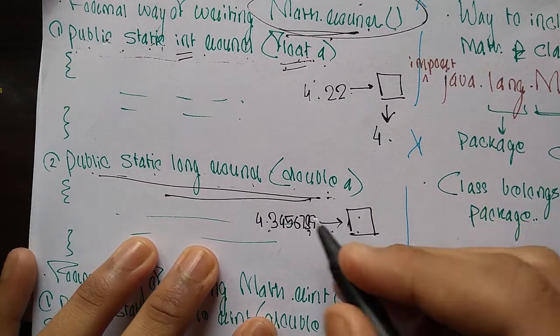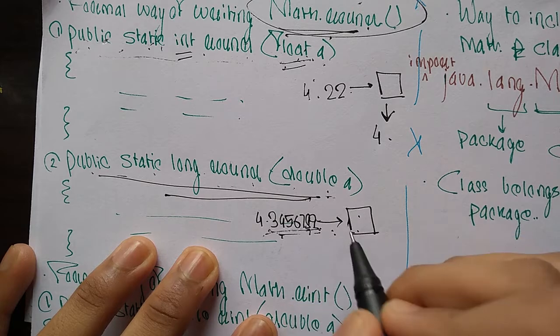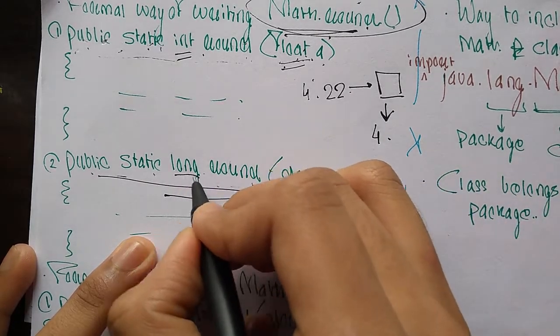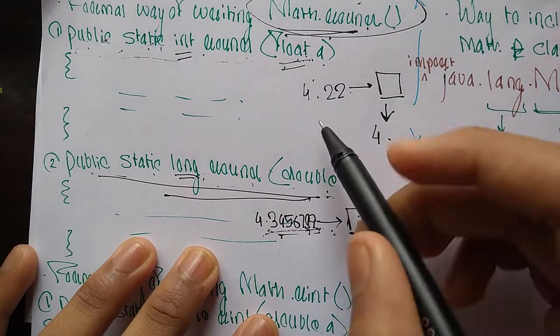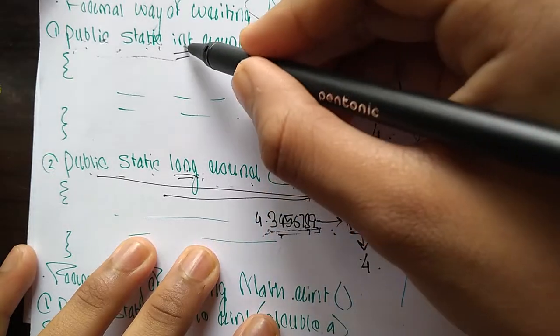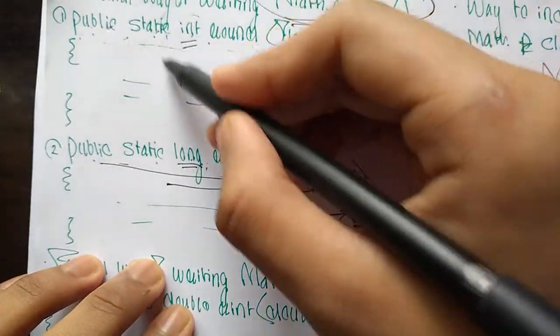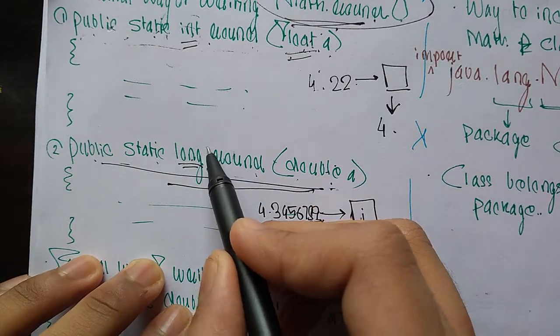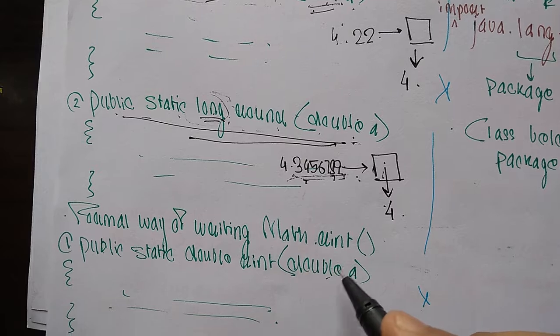Anyways, when you input this number, it will return a long number, like 4. Just as double is bigger than float, similarly long is bigger than int. So when you have much bigger values which you cannot fit in an integer data type, you will use the long data type, right?